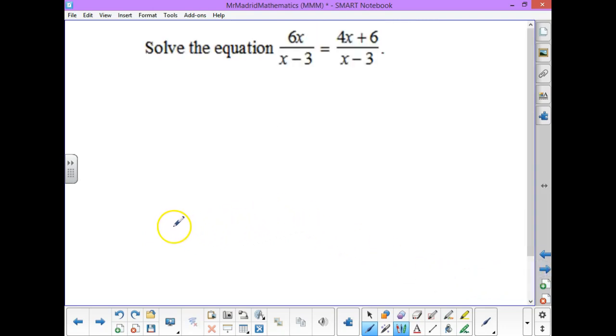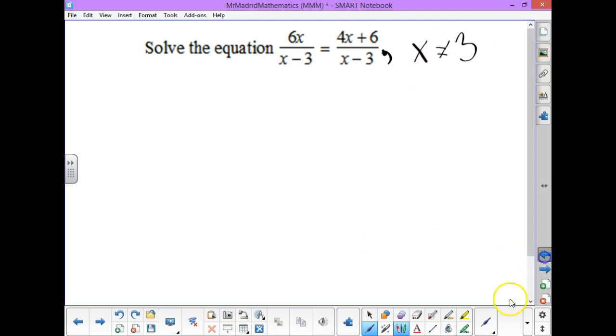Next we have to solve the equation as follows. So let's go ahead and get this one started. Now, as soon as I start this one, I do want to observe that the denominator should not be 0, because I'd be dividing by 0 if that was the case. So I'm immediately going to exclude 3.